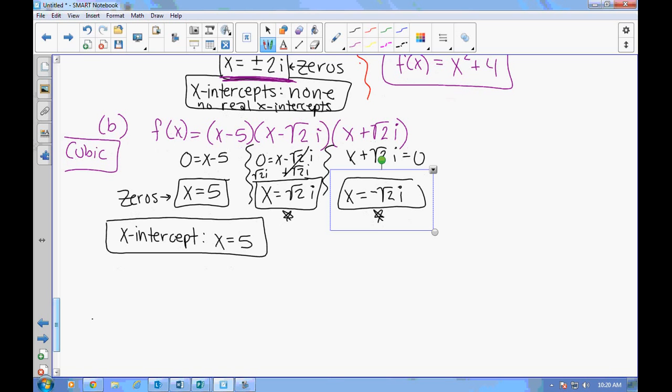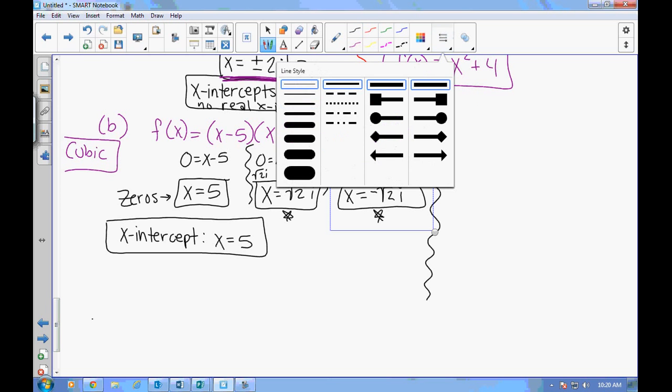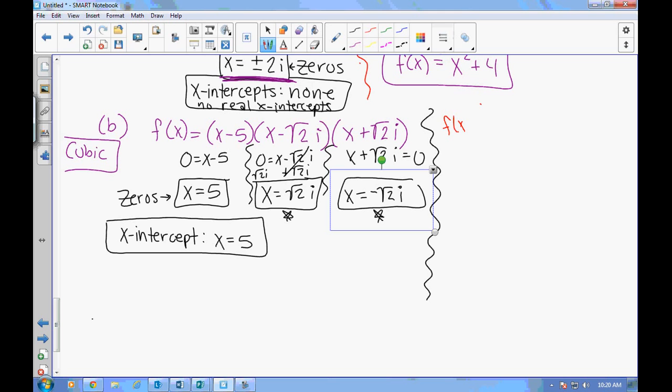Okay? So we've answered 2 of the 3 questions. The last question is, what is the standard form? So I'm going to rewrite it. f of x equals x minus 5 times x minus root 2 i with the i outside. Make sure that i is not underneath the root.